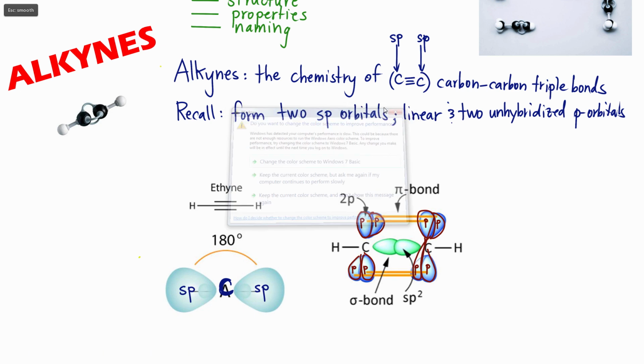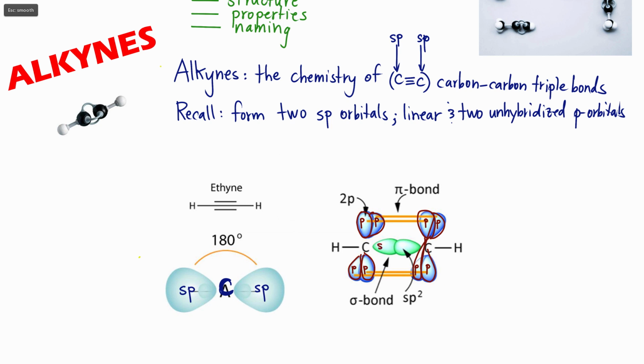Okay, so here we have the sp orbitals, and that overlaps and that forms a sigma bond. These two, they call this a half pi here, and one of these would be a half and the other would be another half pi.